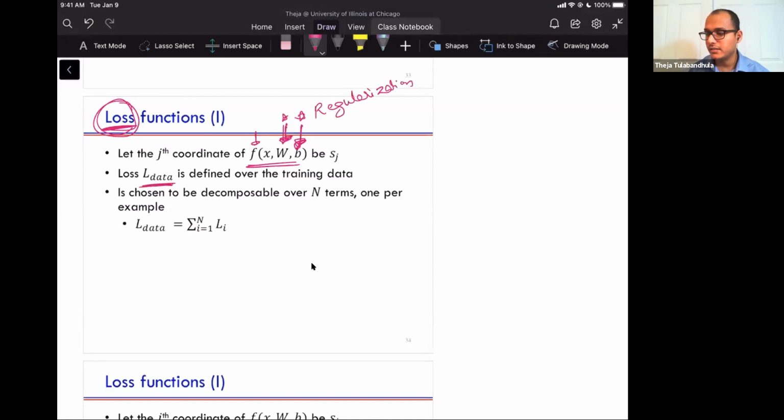So what I mean is that the loss function, or this quality measure, can be decomposed into two parts. One part just depends on data, and let's talk about that part now. This loss function has to give me a quality measure or a score, like, this classifier is not good, this classifier is okay.